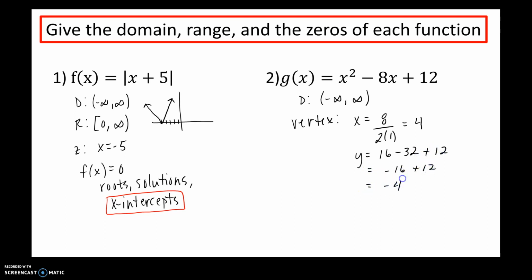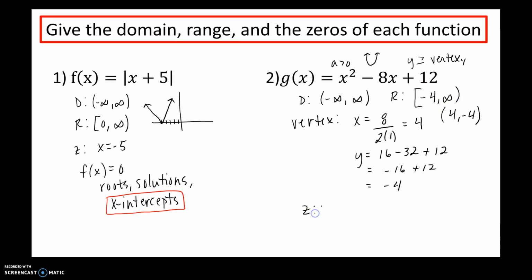So my vertex is at the point (4, -4). So my range, since a is positive here, I know my parabola opens up. So my range are all my y values greater than or equal to the y coordinate of the vertex. So in interval notation, it would be -4 to infinity.